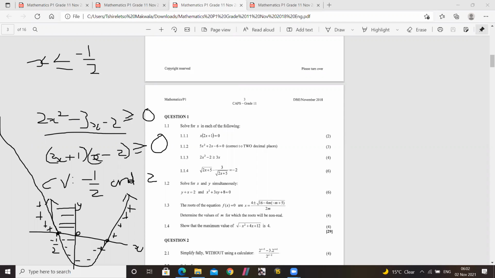For this graph to be greater than or equal to 0, x must be less than or equal to negative 2. Why? Because if x is equal to negative 2, do you see this graph is equal to 0? Then if x is less than negative 2, maybe let's say negative 1, then this graph is still positive. So that's how you write it. That's the first answer, creating the inequality.